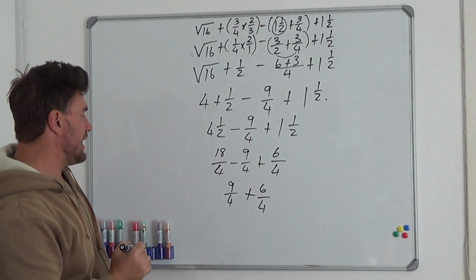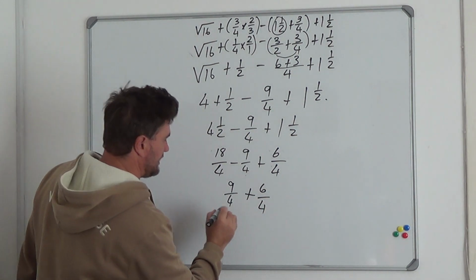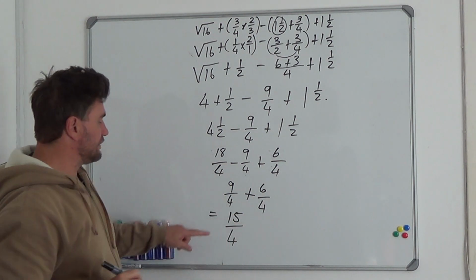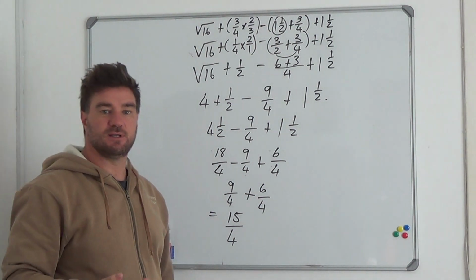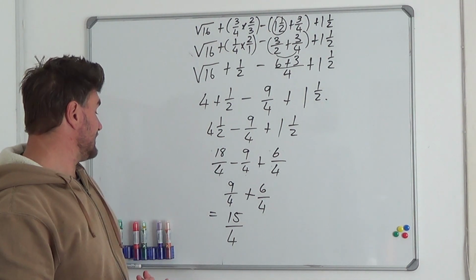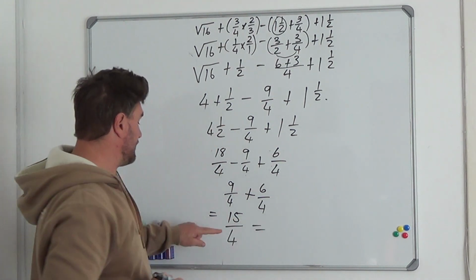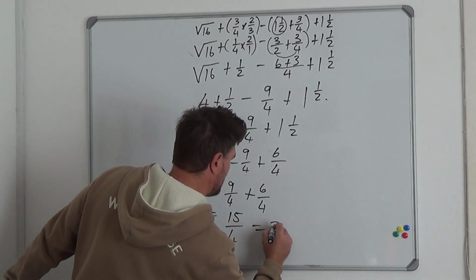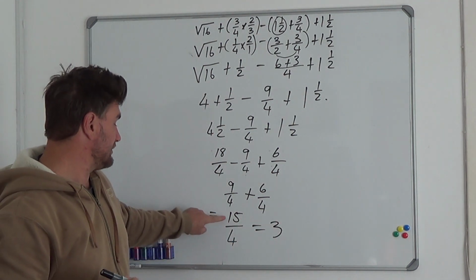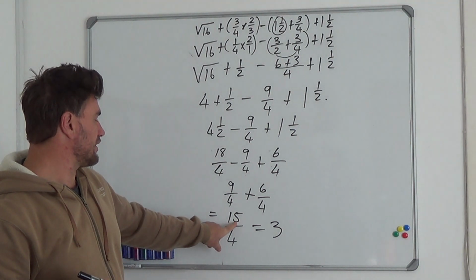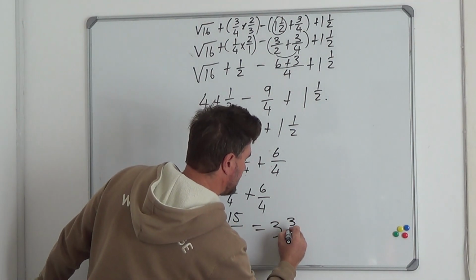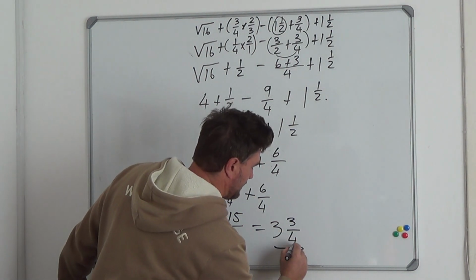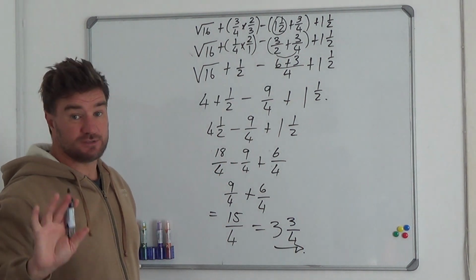And 9 plus 6 is 15 over 4, which is an improper fraction that we can convert into a mixed number. 4 into 15 goes 3 times, and 4 times 3 is 12, so we've got 3 left over, so it'll be 3 over 4. 3 and 3/4. So that is how we get to our final answer.